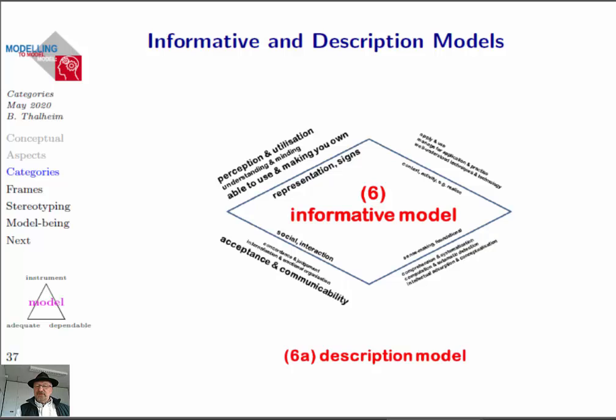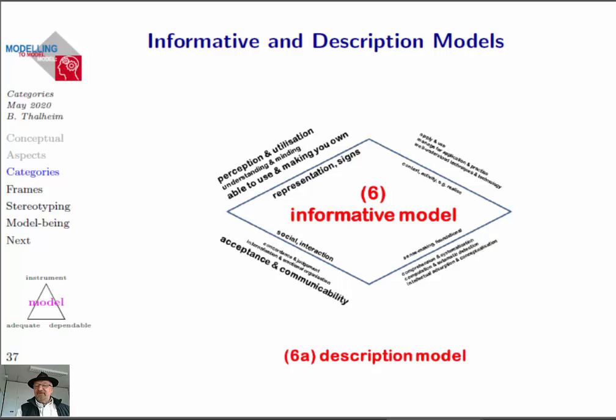They are, of course, somehow oriented on the representation aspect, but they are also somehow concerned with the social and interaction aspect. Acceptance and communicability is as important as the ability to use and to make your own.